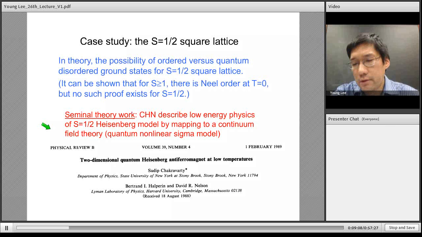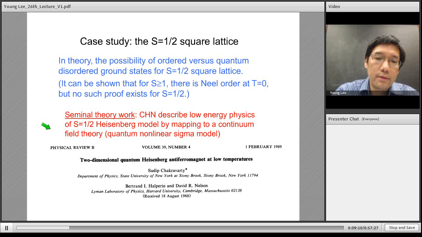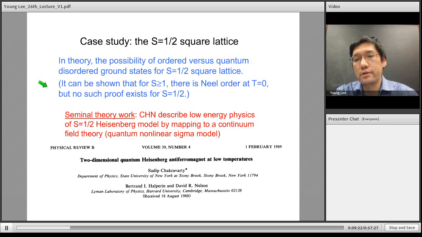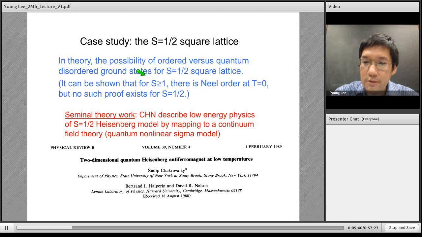In theory, the possibility existed that there was a quantum disordered ground state in such a system. When people tried to prove that the system was ordered in the T equals 0 limit, it's possible to show that's true for large spin, for spin equal to 1 or larger, that there is going to be Néel order in the T equals 0 limit for a Heisenberg interaction.